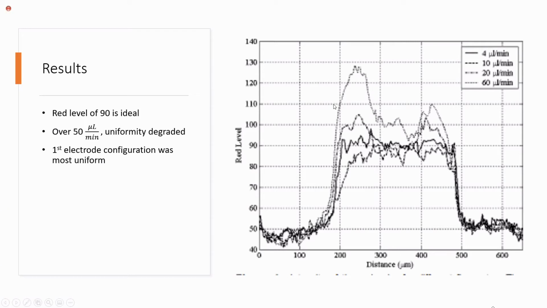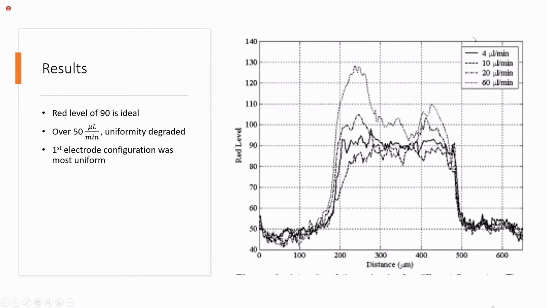So before doing the experiment, they actually mixed the 2 solutions together, and then once they mixed it together, they ran it through the channels and observed the red level intensity. And they found that it's around 90. So a red level that's around 90 would give you the best uniformity.